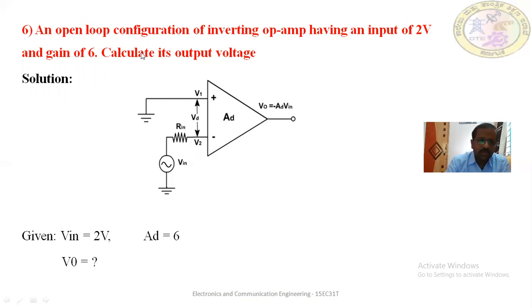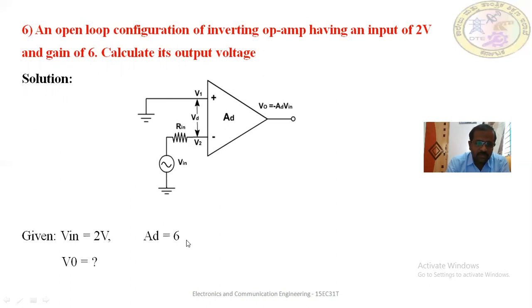Understood? For an open loop configuration of the inverting op amp, initially you should draw the block diagram or the circuit diagram so that you can understand very clearly. Inverting op amp means the input is applied to the inverting terminal. It is equal to 2 volts. These are the given values.